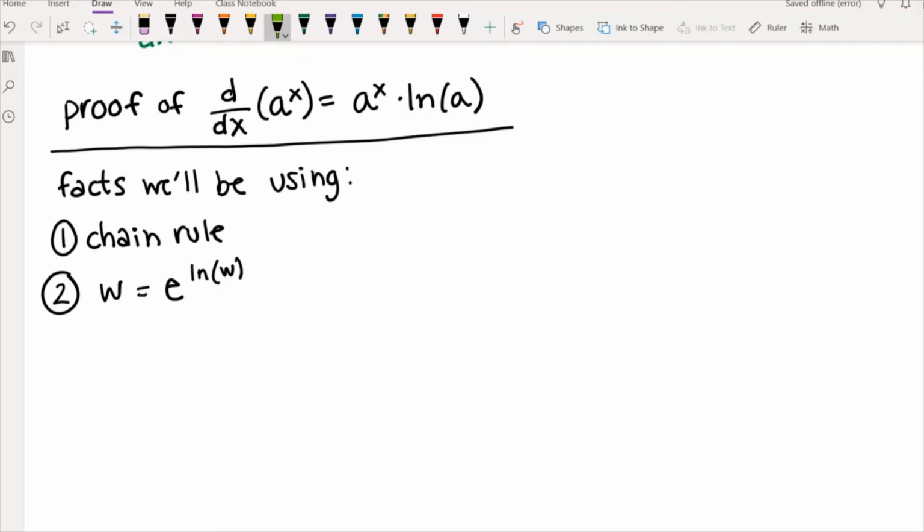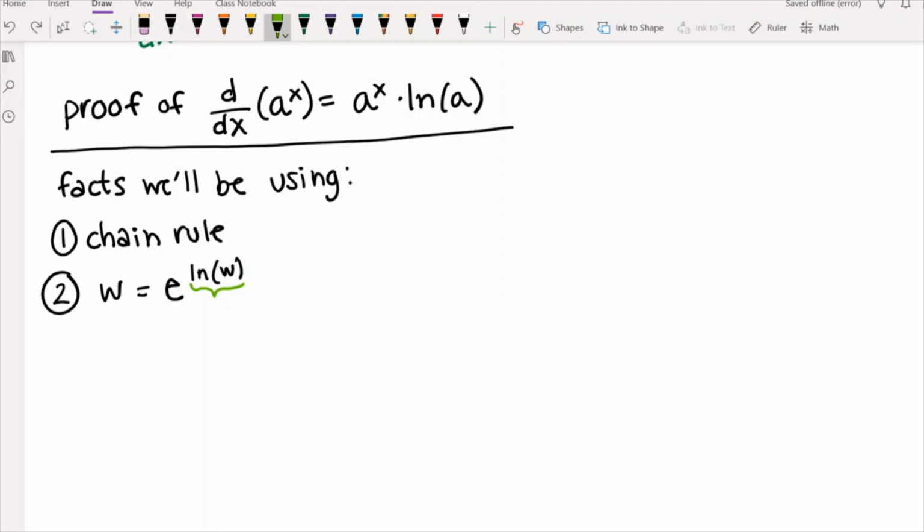Well, what does ln of w mean? ln of any number, by definition, basically any logarithm is asking you to find an exponent, right? It's asking you to find the exponent that you can raise a number to get this number. And in the case of ln, that base is e, right? ln is log base e.